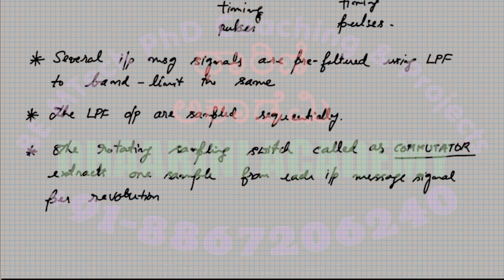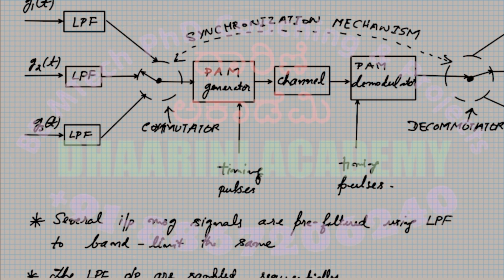In the sense, refer back to this diagram. Whenever the sampler, that is this arrow mark, rotates, one revolution means one sample of each of the message signals. That's what is the meaning. Okay, that's pretty much straightforward.